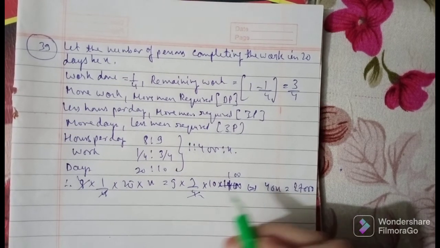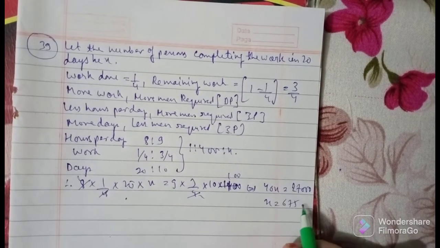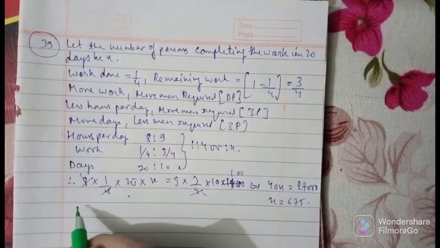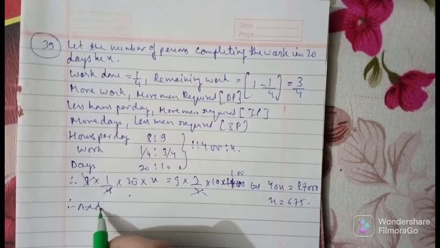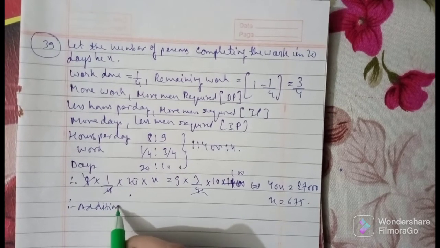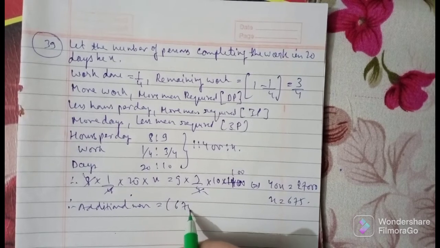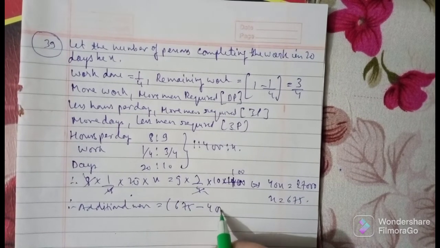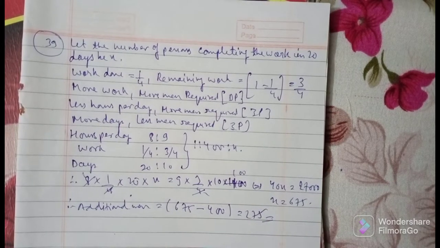So x equals 675. Additional men equals 675 minus 400, which is equal to 275.